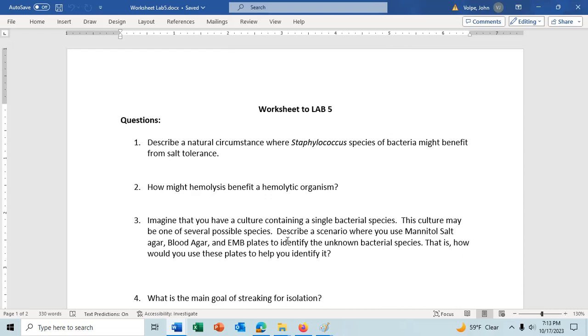Describe a scenario where you use mannitol salt agar plates, blood agar plates, and EMB plates to help identify the unknown bacteria. That is, how would you use these plates to help you identify the species? I'm going to give you a hint. You need to discuss 2 properties to each of these plates that can help you identify the species.